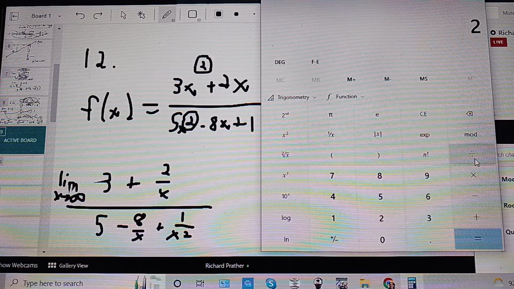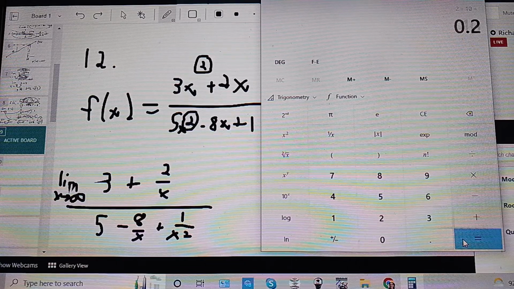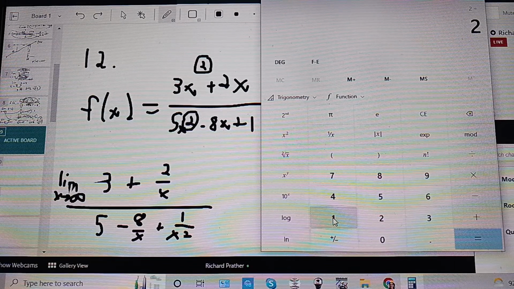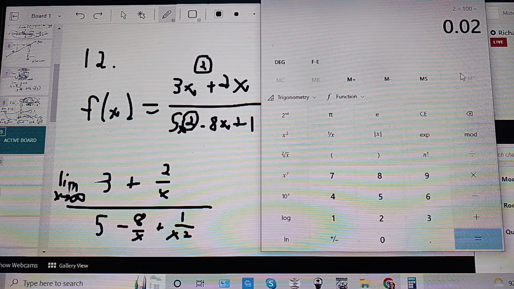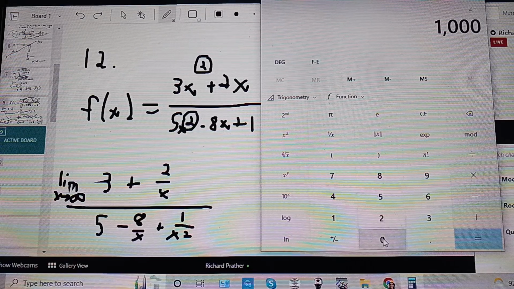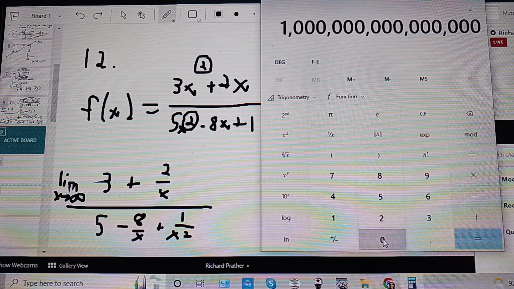So what if I do 2 divided by 10? That's 0.2. But what if I increase it to 2 divided by 100? 0.02. 2 divided by 1,000. 2 divided by 1, 0, 0, 0. 2 divided by a very, very large number.